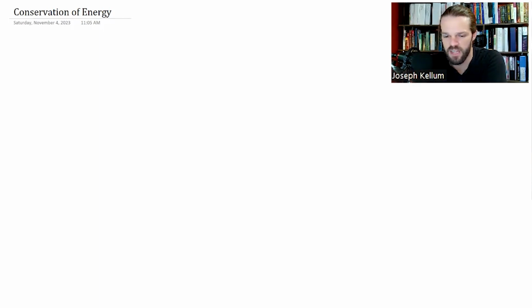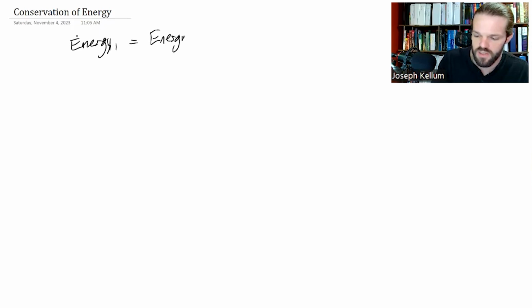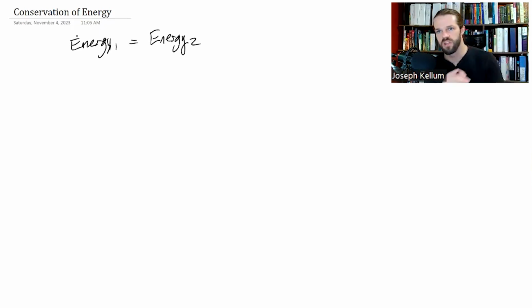And if it is being violated, you frequently can find the degree to which it's being violated and use that to solve your problem. So let's say, for instance, conservation is not being violated. Frequently, they'll just say there's no friction, or all forces are conservative, or something like that. Then really all you're dealing with here is energy one equals energy two, or energy initial equals energy final. You can put it either way.